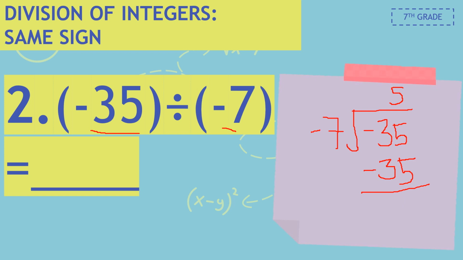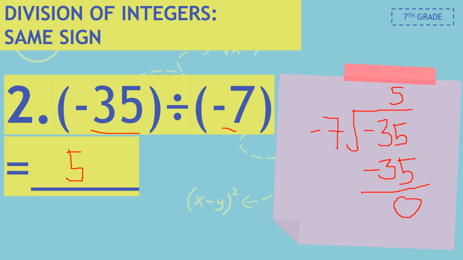So we have here negative 35 minus negative 35 is equals to 0. So ang answer natin dito will be positive 5. Again, bakit po naging positive 5? Kasi same sign po yung ating given. Therefore, ang sagot po ay palaging positive.